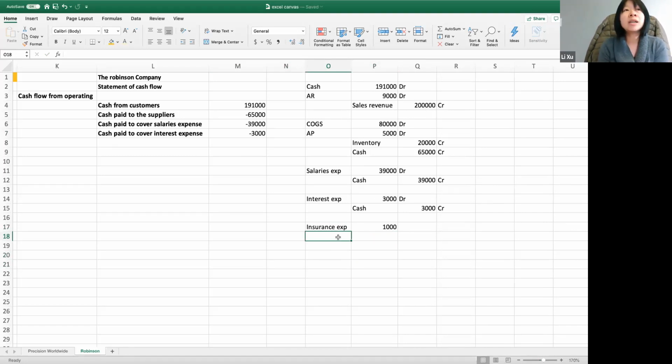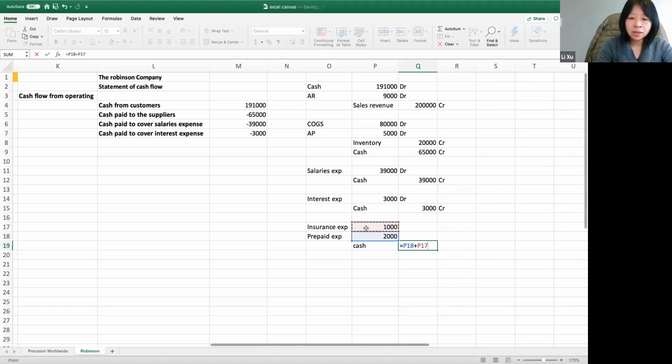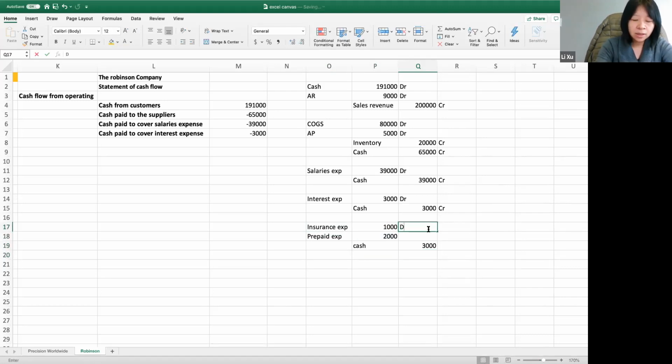So you look at the balance sheet account to see its increase or decrease. Here you have an increase in prepaid expense. So ask yourself, what's the normal balance? Normal balance for prepaid expense increase is debit. So yeah, prepaid expense is going to be debit, and 2,000. Okay. So the last account which can be involved is going to be cash. It's just the plug-in amount. Since these two are debit, cash has to be credit.